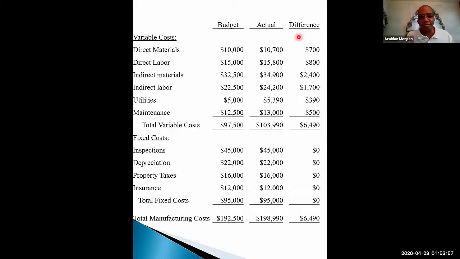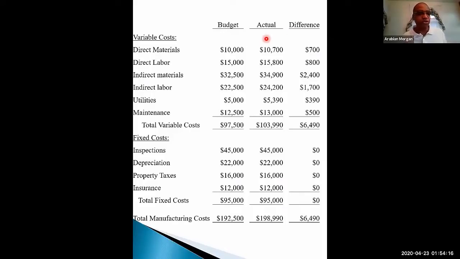So we're going to be writing a lot of F's and U's in this class as well as next class as well. So we call these variances. And so we need to write the letter F next to something if it's a favorable difference, and the letter U next to it if it's an unfavorable difference.